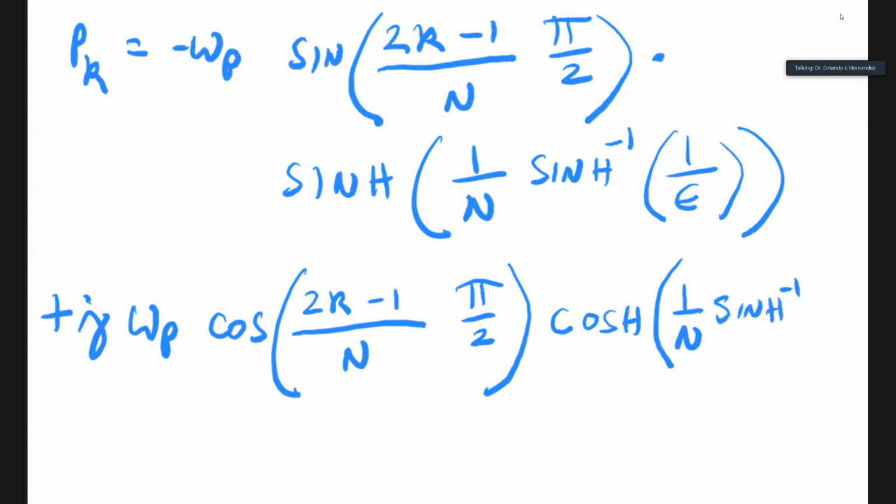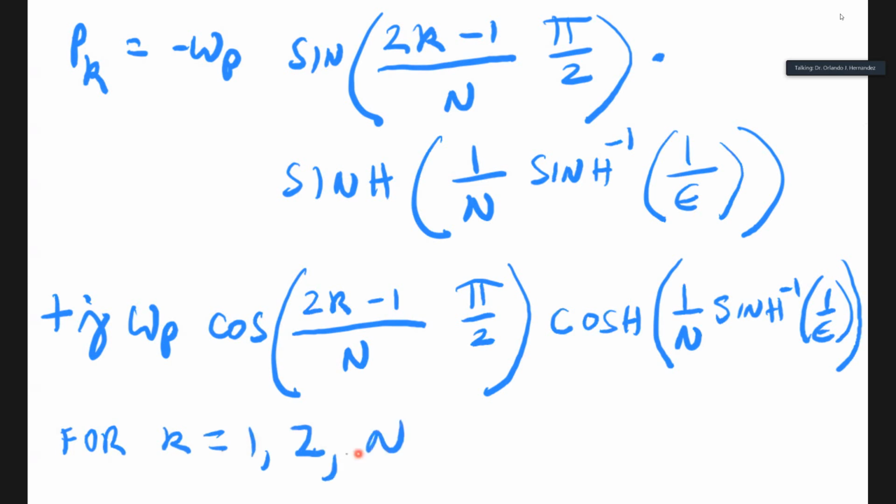Just like this one. And that is the imaginary part. And these poles, they hold for k and so forth. So that's how you would find the poles of the filter.